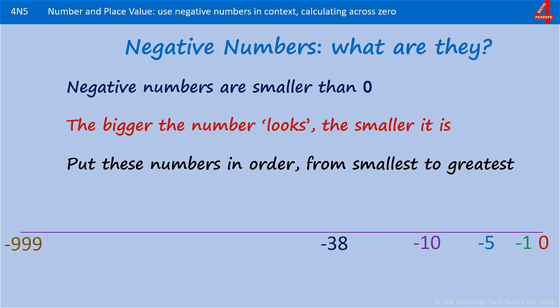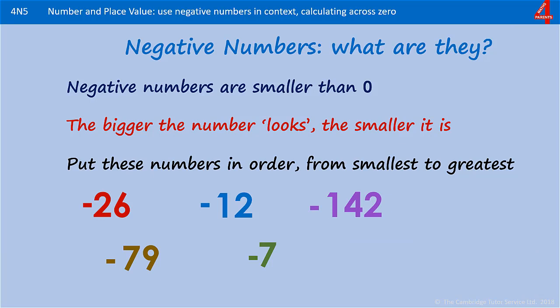If you look at that on a line, you've got the 0 at the end, and then these negative numbers, as they look bigger, they're actually getting smaller. That minus 999 is 999 smaller than 0, whereas minus 1 is only 1 smaller than 0.